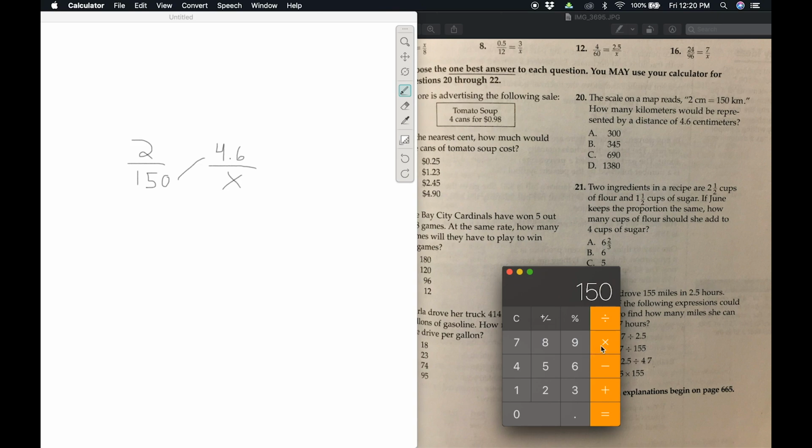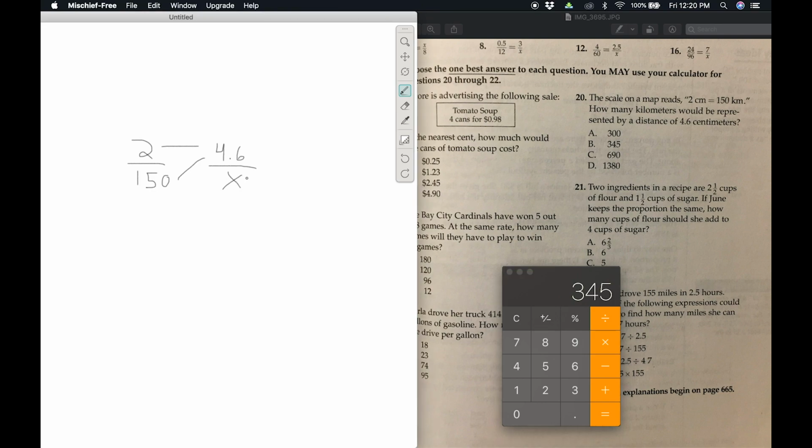150 times 4.6 equals 690. Now divide by 2 is 345.